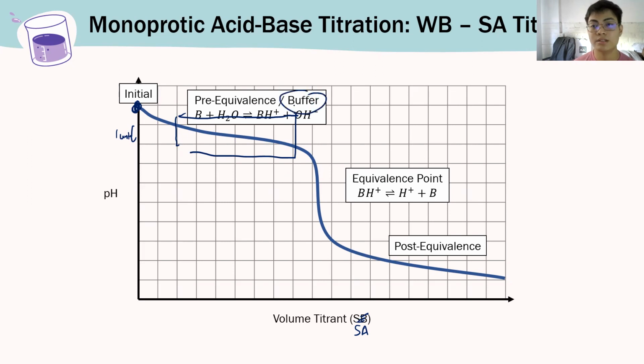And then suddenly, masisira na yung buffer capacity, then you have your equivalence point. Okay, so those are the titration curve and the equations for weak acid-strong base and weak base-strong acid titration. Now, on the second part of this video, discuss ko naman how you can answer the problems related to this. Okay.